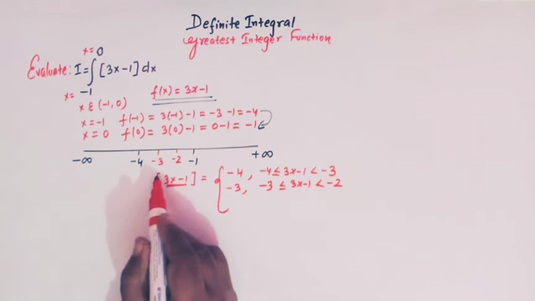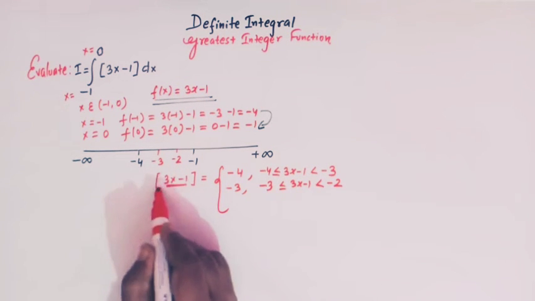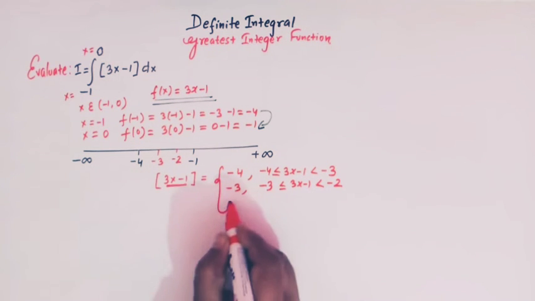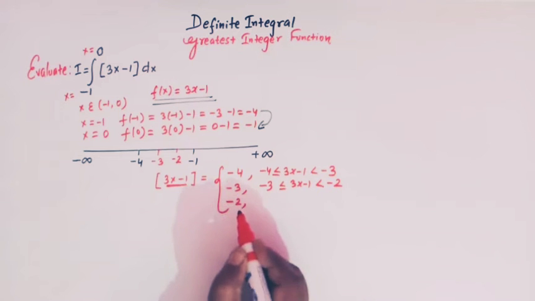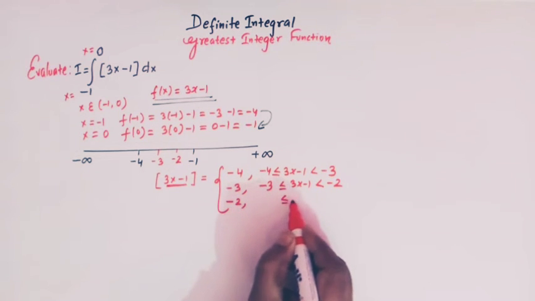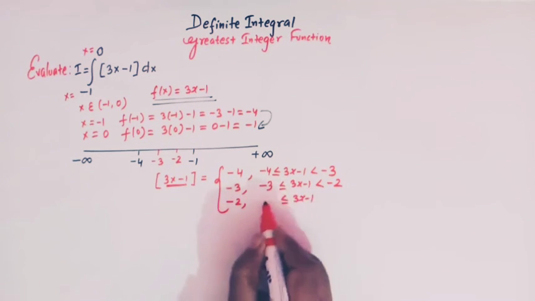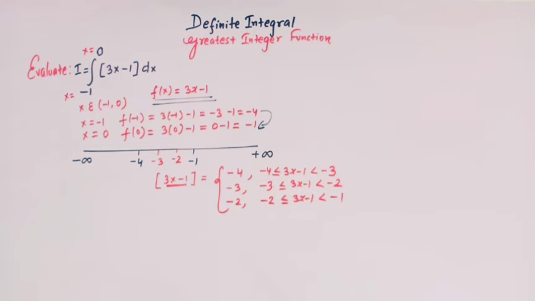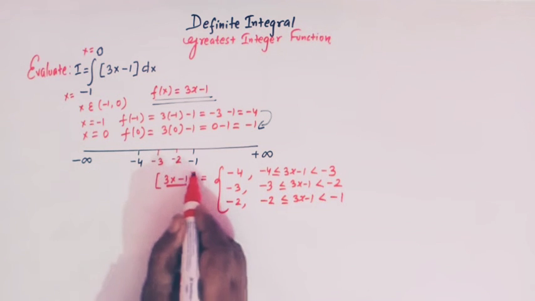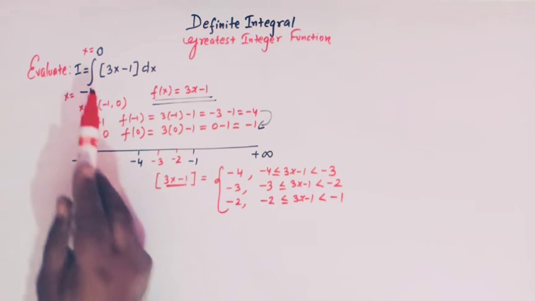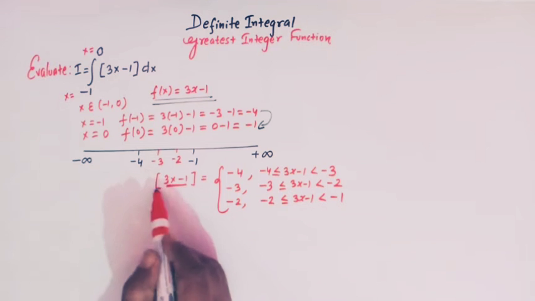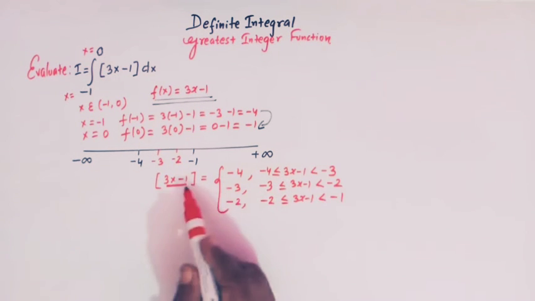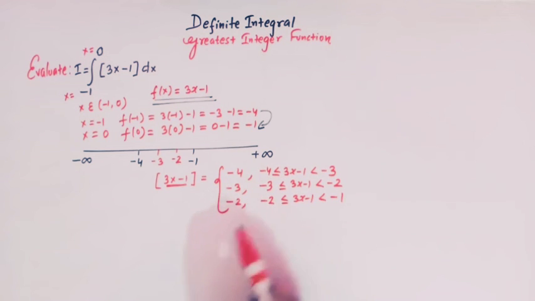And its value is equal to minus 2 whenever 3x minus 1 lies between minus 2 and minus 1. So now we have expressed our integrand, the greatest integer of 3x minus 1, as a piecewise function.